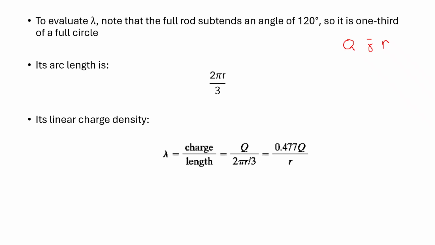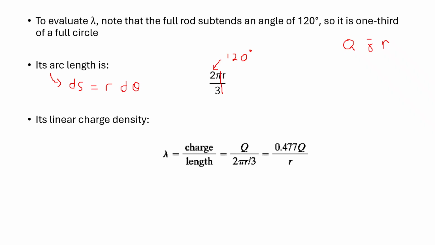Note that the full rod subtends an angle of 120 degrees, so it's 1/3 of a full circle. So you have 2 pi over 3, which gives you the value of 120 degrees. Remember that the formula for this arc length is ds equal to r d theta.